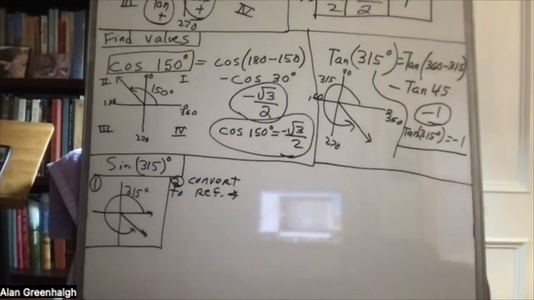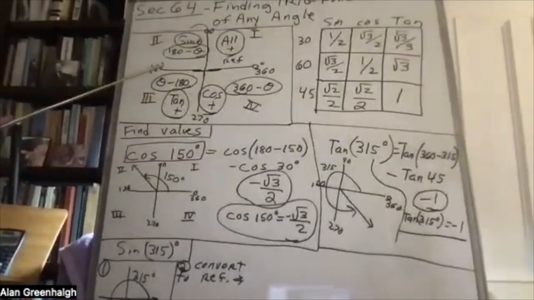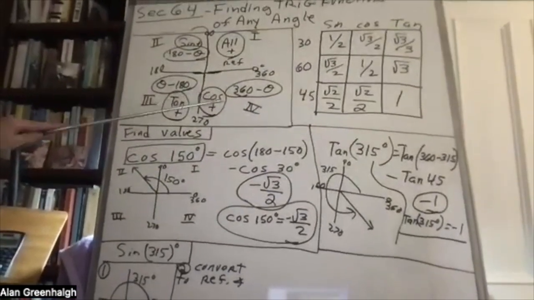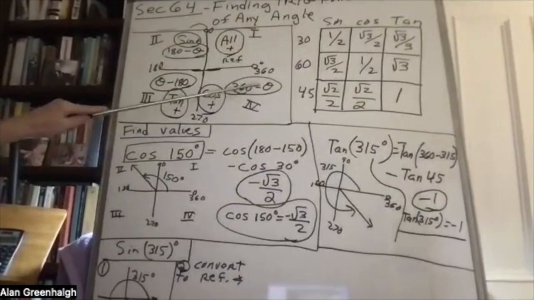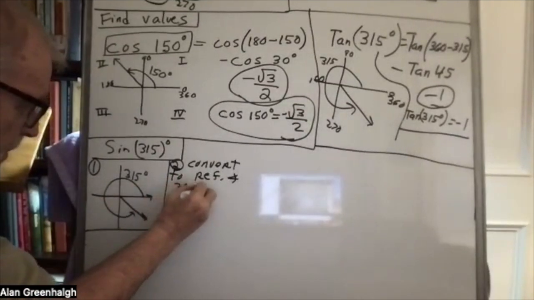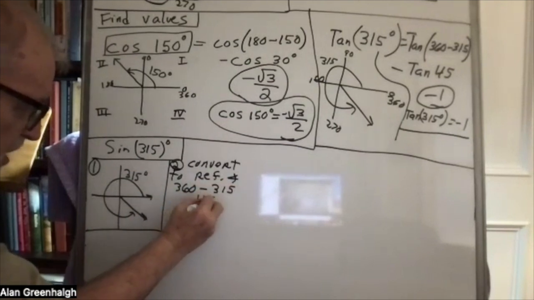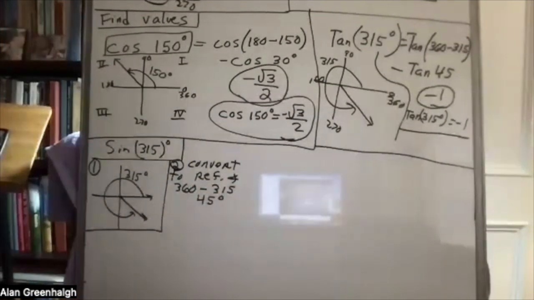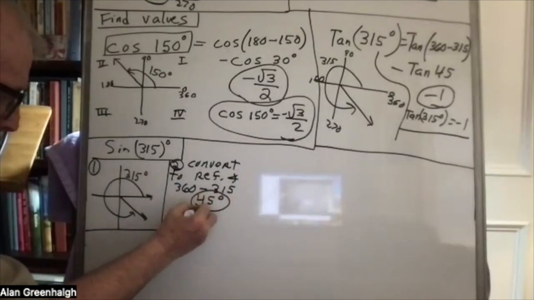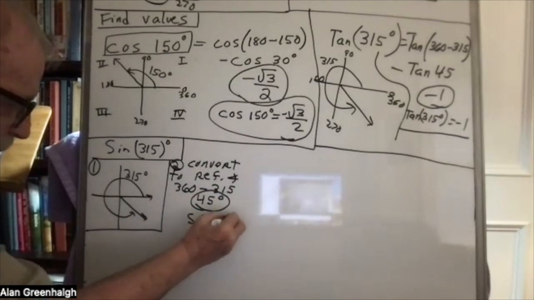Let's go back to the original chart up here. In the fourth quadrant, it's going to be 360 minus the angle. So it's going to be 360 minus 315, which is 45 degrees. So we're now talking about the sine of 45 degrees.